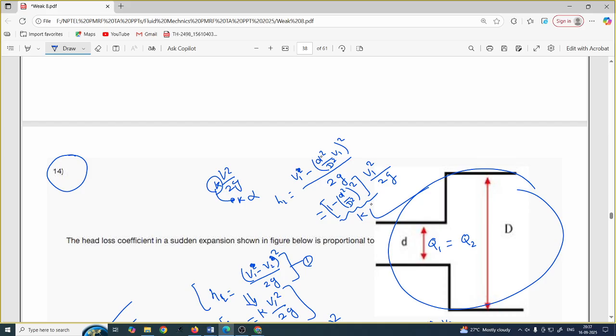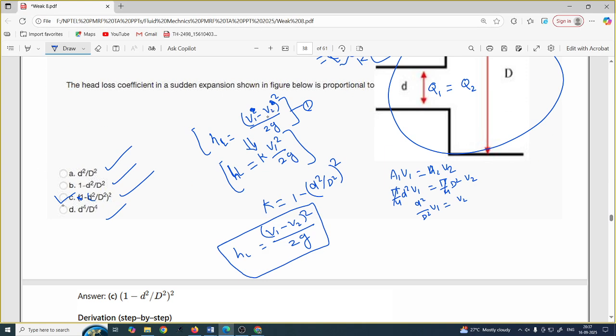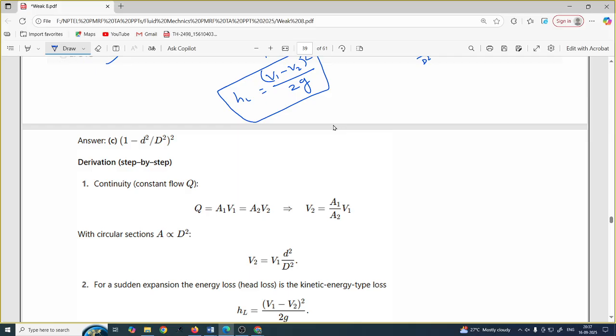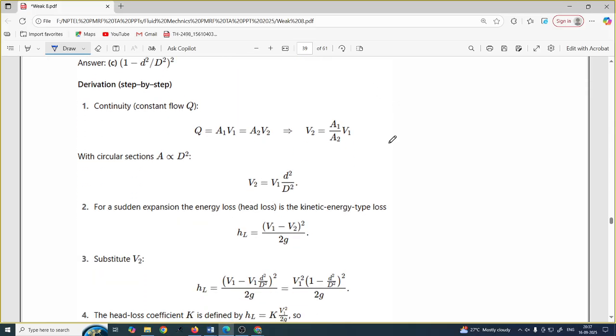The power is like that, and after that you will get the whole power. Here is 2g and v1 square we have taken common. So yes, now it is correct, option C will be correct. Remember, you can make such a mistake in the final exam, so always remember the head loss will be like that.